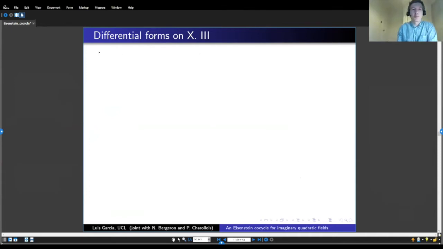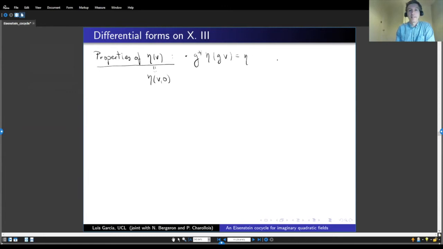So let me describe what the properties of this form are, because this is what's going to give rise to our Eisenstein series. So let me just introduce notation. First of all, it's equivariant. This sort of follows from the functoriality of these multi-equivalent forms.